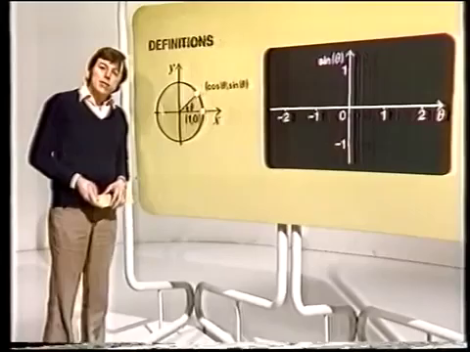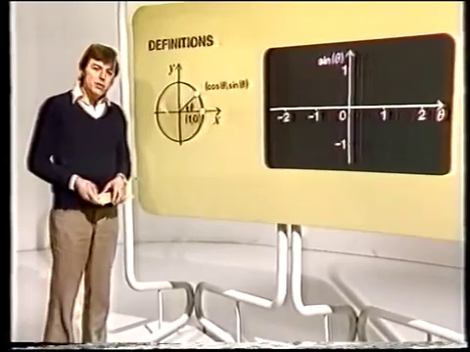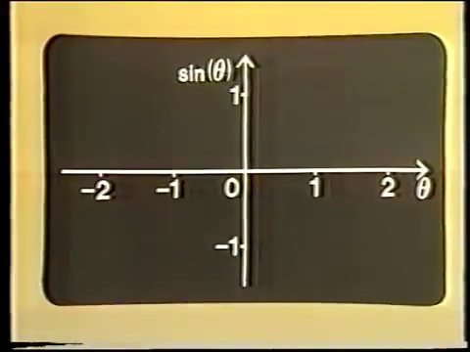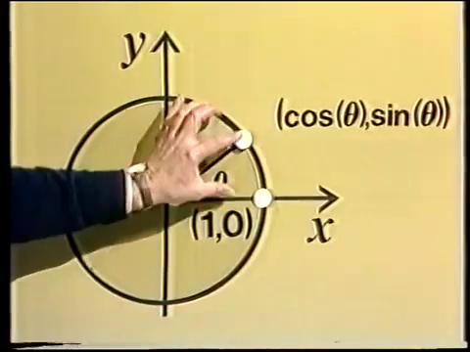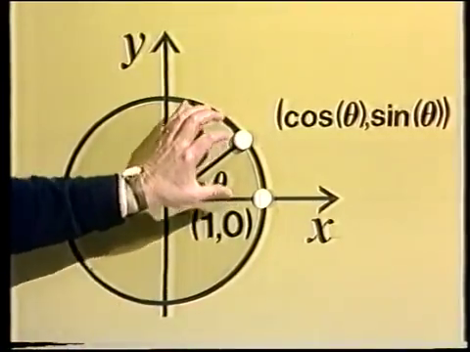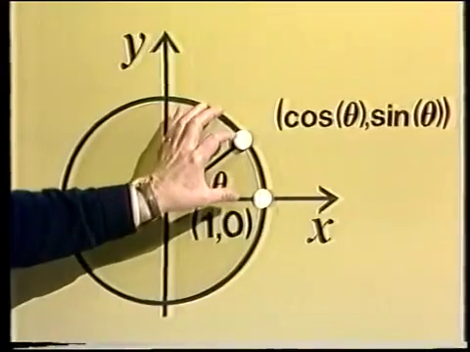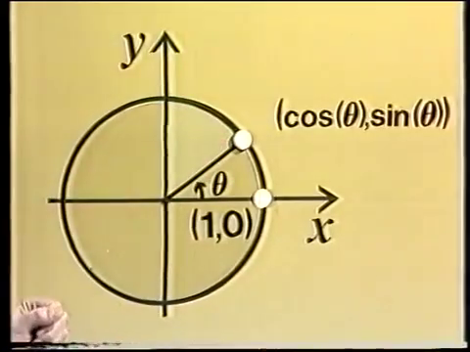Now, that's all very well for a definition, but it would also be useful to have a graph of sine theta. And this definition gives us a nice geometric interpretation of sine theta. Sine theta is just this height. So we want to plot this height against theta.